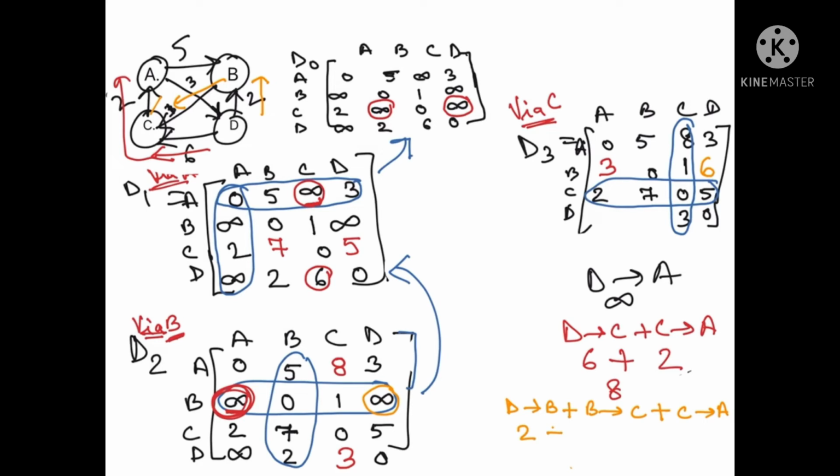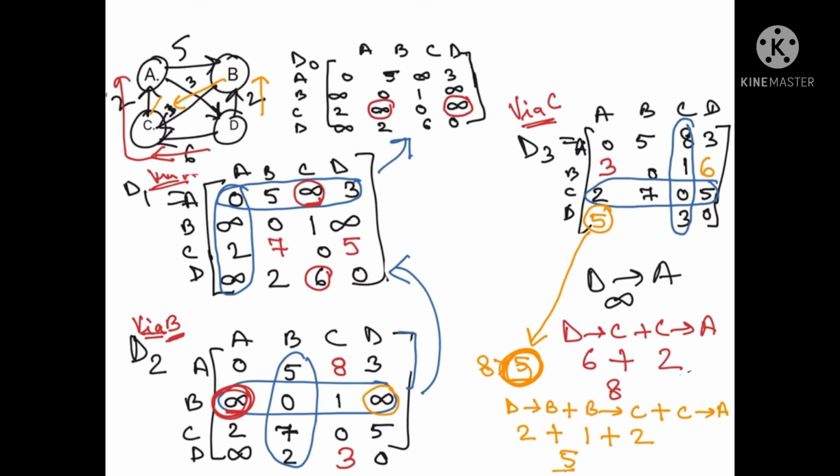That is 2 plus B to C is 1 plus C to A is 2, which is equal to 5. Now you have to see, 8 is greater than 5. So what will we consider? Number 5.